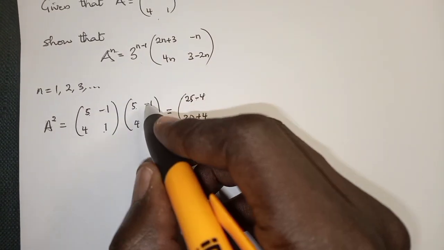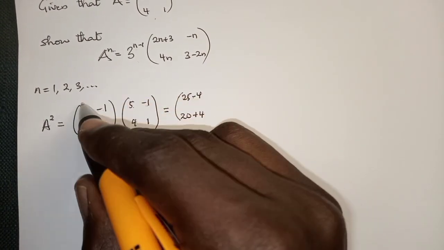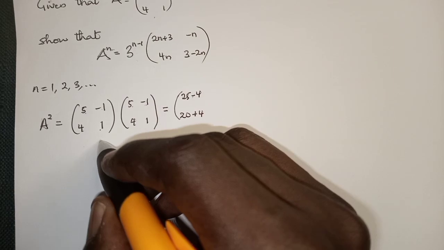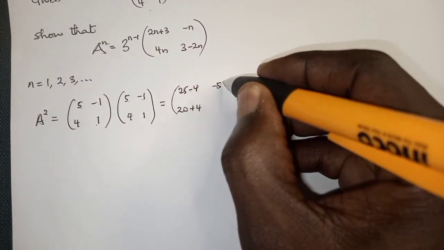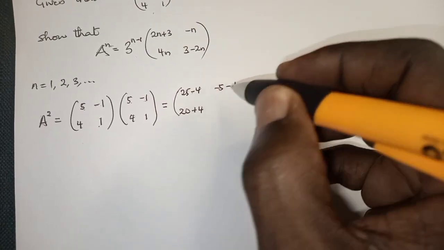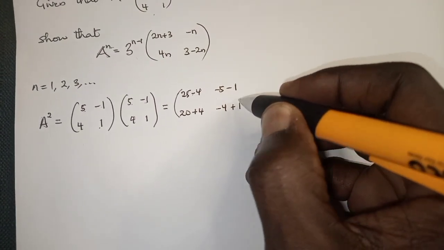We do the same thing for here, but we take this entry now: negative 1 times all this and positive 1 times all this. So we have negative 5 minus 1 and negative 4 plus 1.